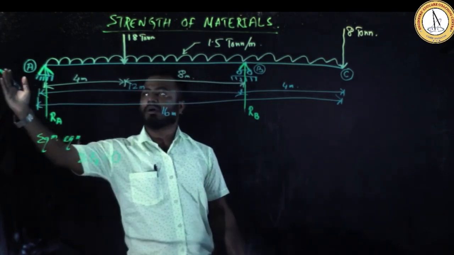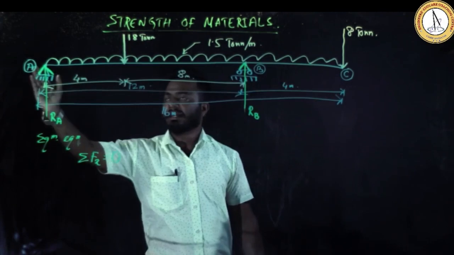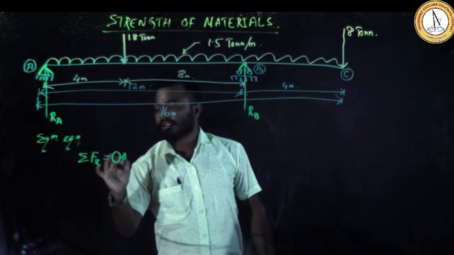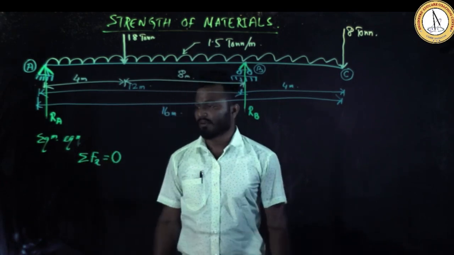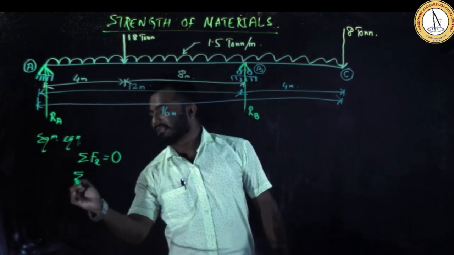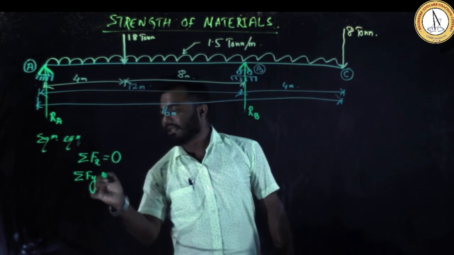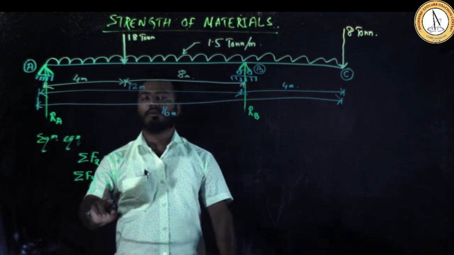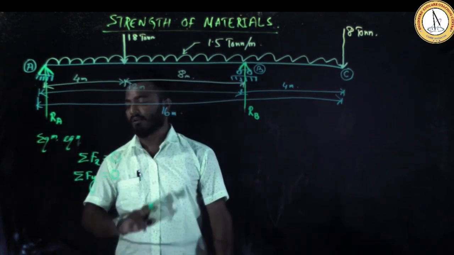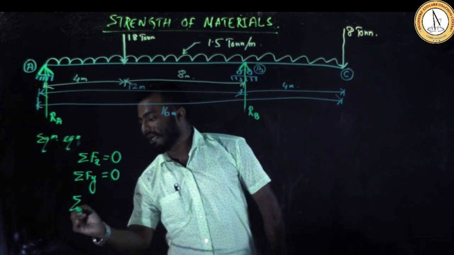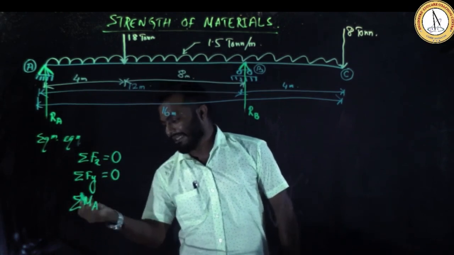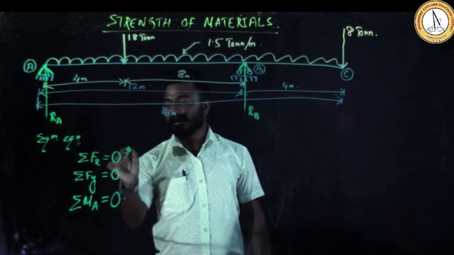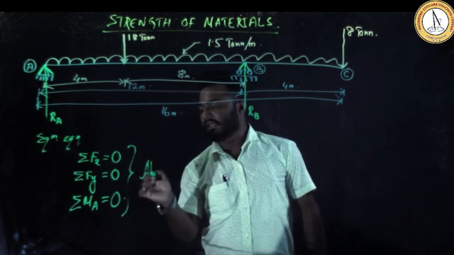If I sum all the forces acting on this beam in the horizontal direction and the resultant is 0, then the body is in static equilibrium. Similarly, if I sum all the forces in the vertical direction and the resultant is 0, then the body is in static equilibrium. Similarly, if I sum all the moments about any point, say A, the resultant should be equal to 0. Remember that these summations should be done algebraically.